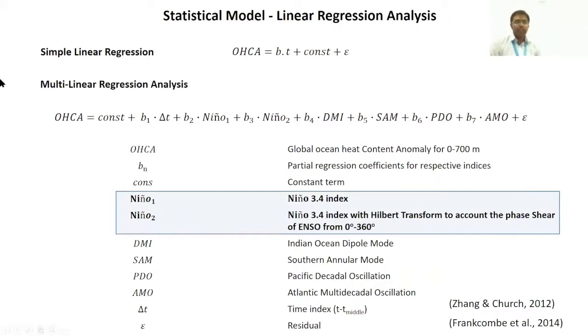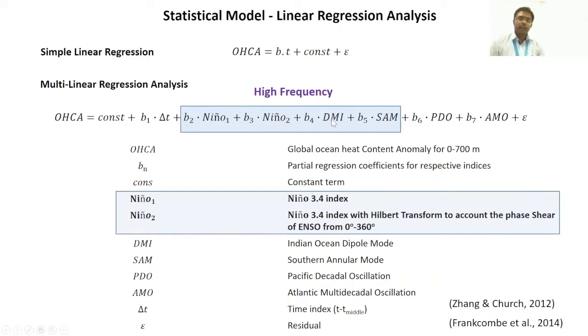And one thing that I want to point out is this delta T. Delta T is the time index, which is shown here as the time index minus the middle of the time series. So we are interested in the regression coefficient B from the simple linear regression analysis, and this B1 from the multilinear regression analysis. This B1 will give us the true underlying trend which is present from the global warming in the ocean heat uptake.